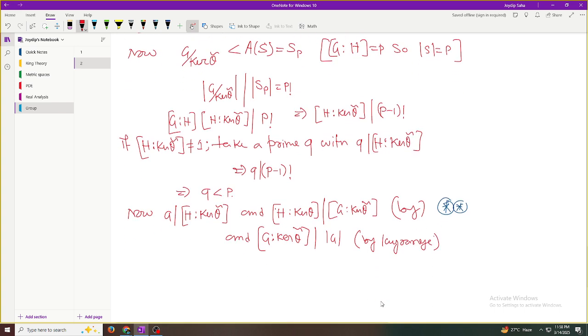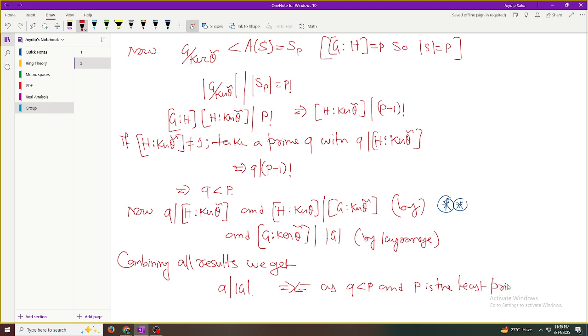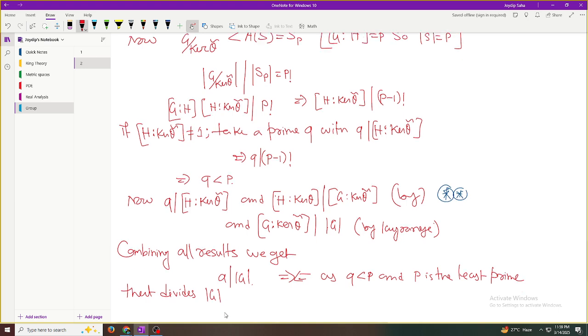Combining all of this, we get q should divide the order of G. Contradiction, as q is less than p and p is the least prime that divides the order of G.